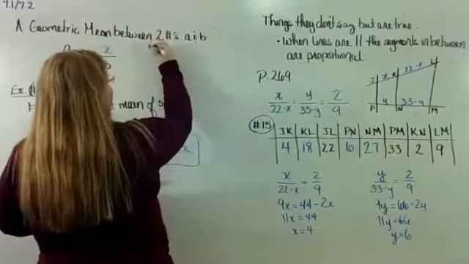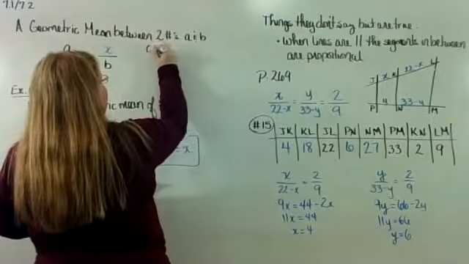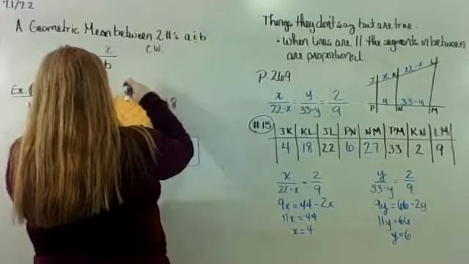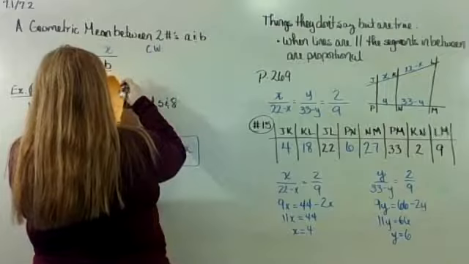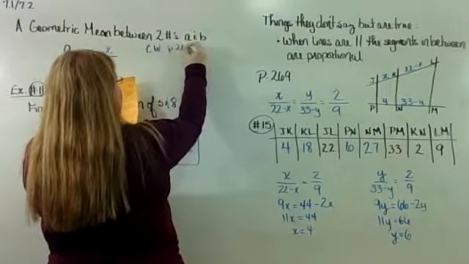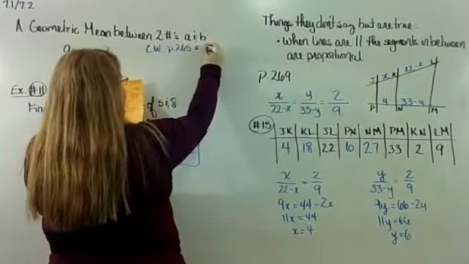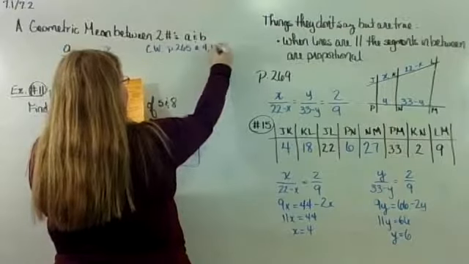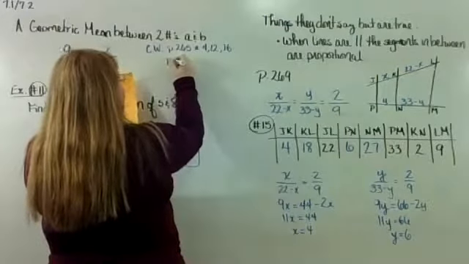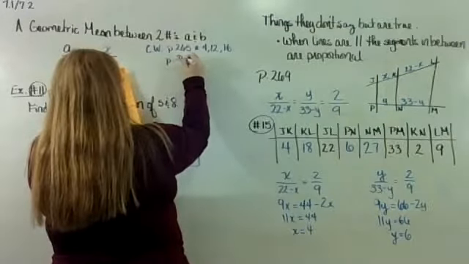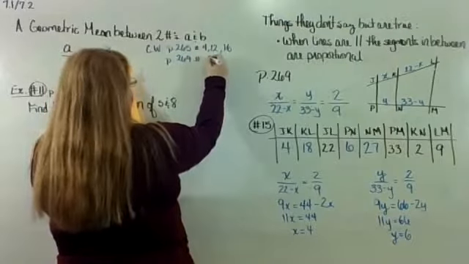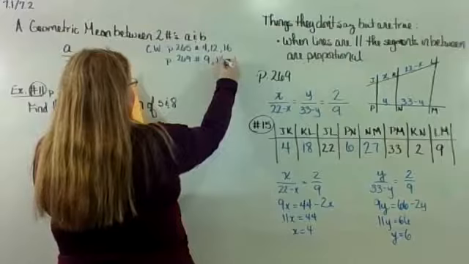So, for the classwork, you have page 265, numbers 4, 12, and 16, and then page 269, numbers 9 and 14.